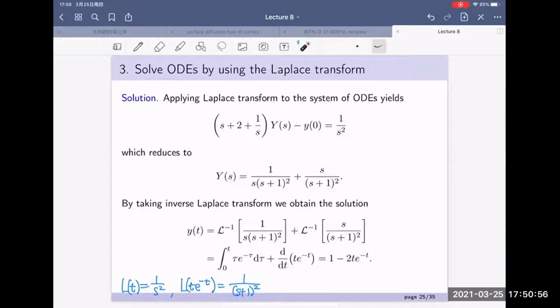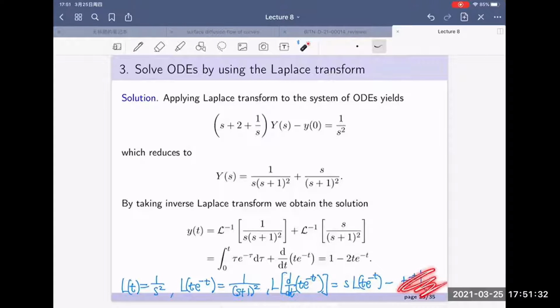Okay, but you still miss this s. So if you take a derivative, the Laplace transform of a derivative would be the Laplace transform of this function multiplying s minus this function's initial condition. Okay, so the initial condition is 0 actually, because when t is 0, you get 0 times exponential 0.